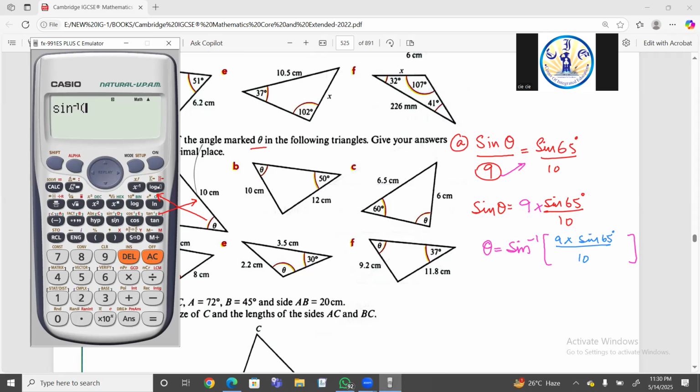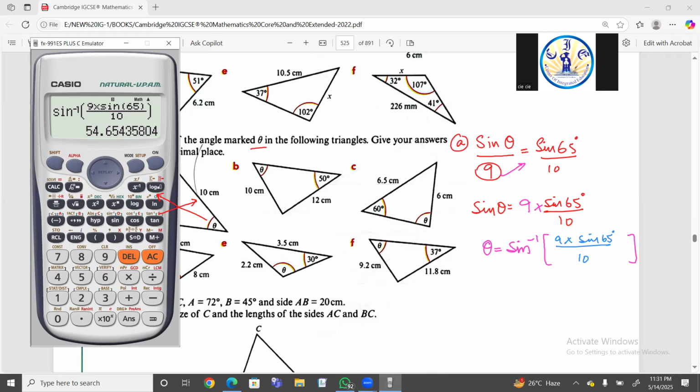So shift sine of this fraction, 9 times sine 65 degrees, whole divided by 10. So the answer is 54.65.